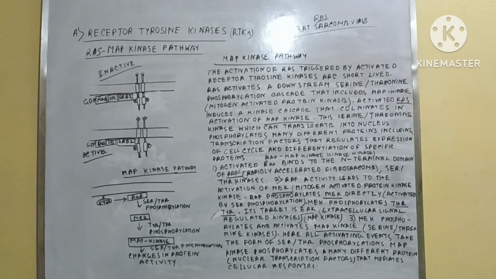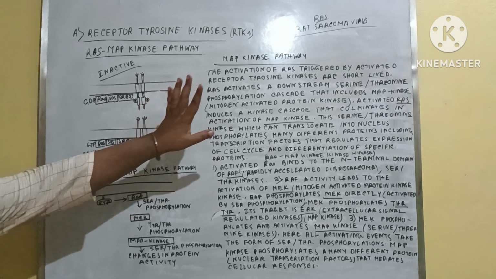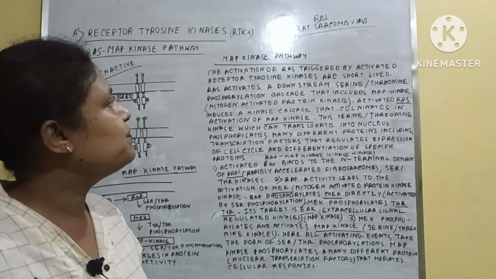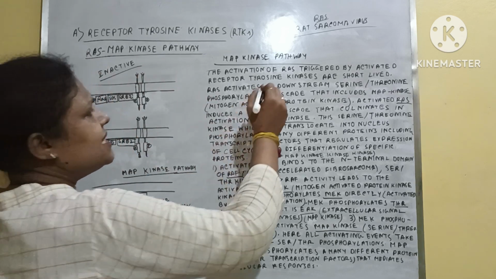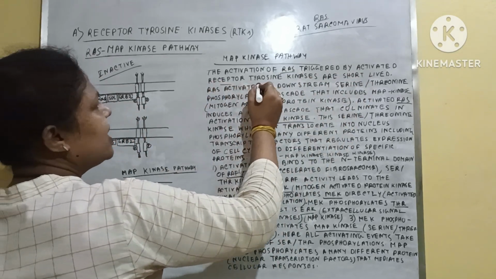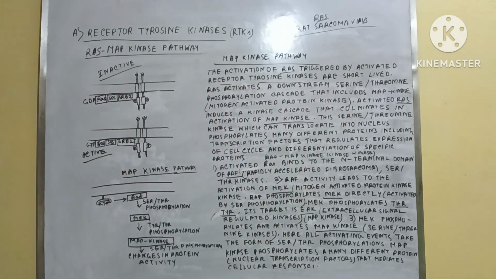In the second step, I have drawn the MAP kinase pathway. First, I have to explain this, and then I will try to explain about this. Okay. So here, what is the MAP kinase pathway? The activation of the RAS is triggered by activated receptor tyrosine kinases, but these are short-lived.